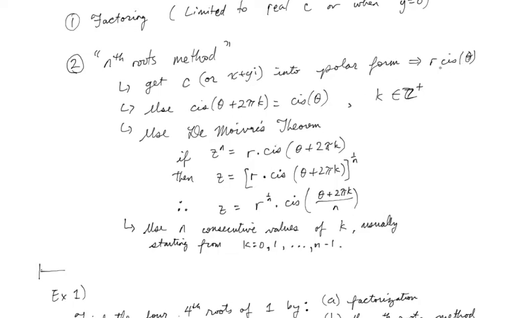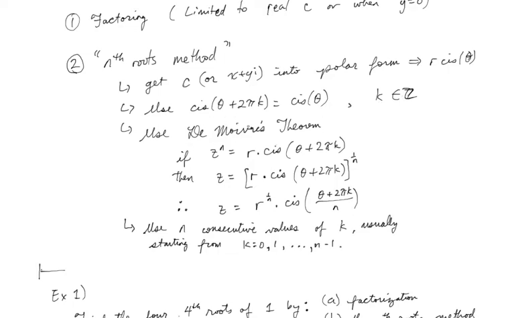And once we have the polar form, we're going to use the property of the unit circle where cosine and sine repeat every 2 pi, and we're going to use the property where cis of theta is cis of theta plus 2 pi k, where k is an integer. That's not necessarily positive, so let me just erase that part there. Okay, k is an integer value.